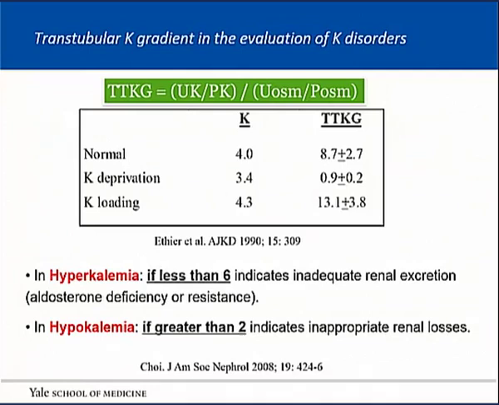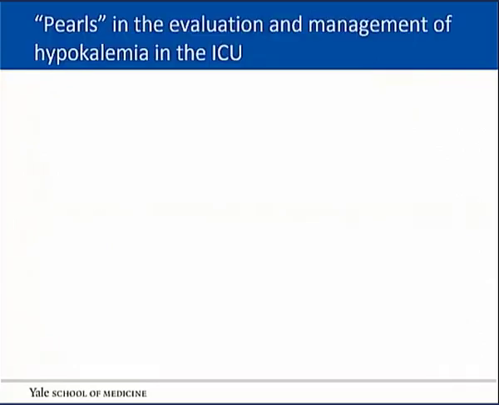On the other hand, in hypokalemia, the kidney should be retaining as much potassium as possible. So if the TTKG is above 2, it's an inappropriate renal handling. So that helps you interpret if the kidney is playing a role or not in different processes.